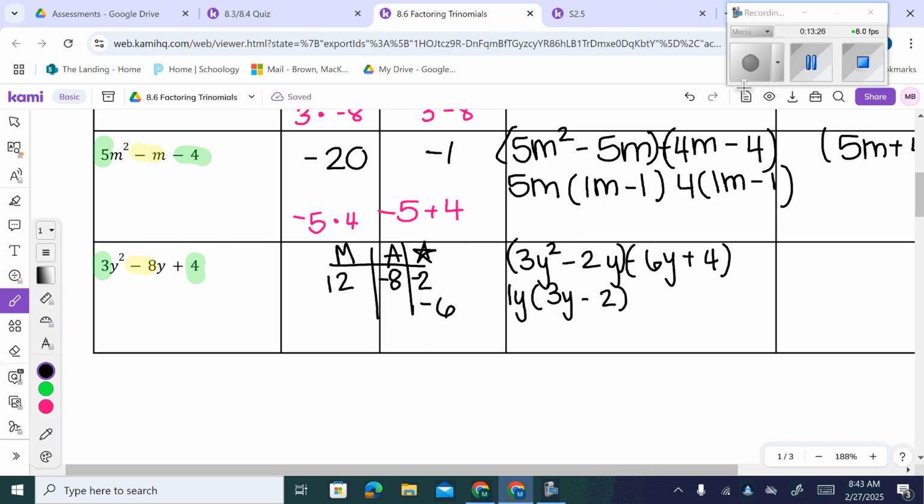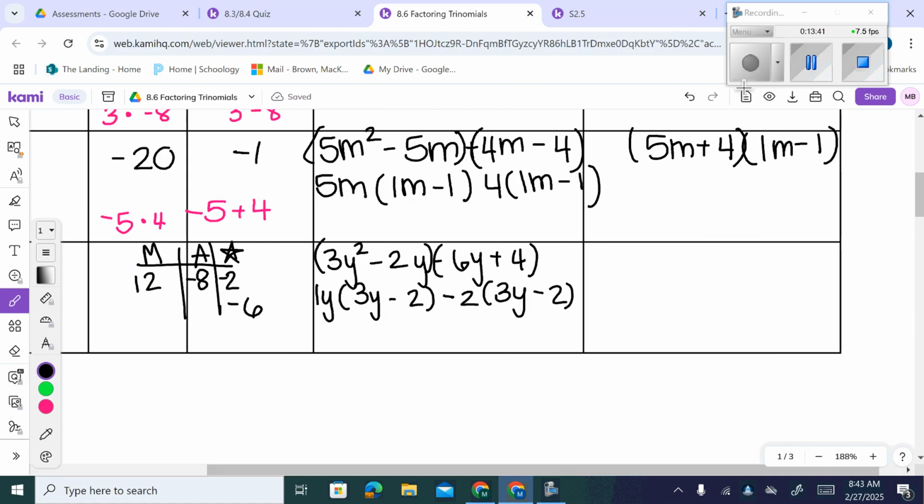Why are y'all choosing a negative 2? You want my signs to match, correct? Okay, so if I take out a negative 2, I'm going to end up with 3y minus 2. So my final answer here is going to be 1y minus 2, and what else? 3y minus 2.